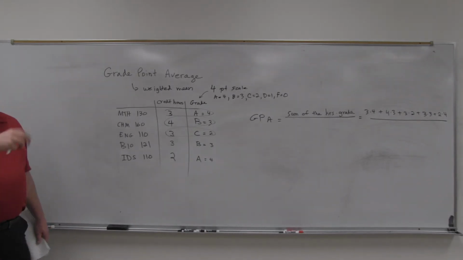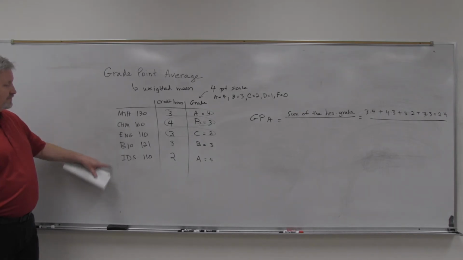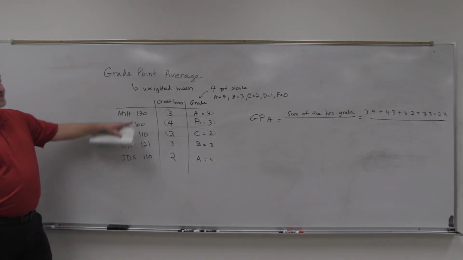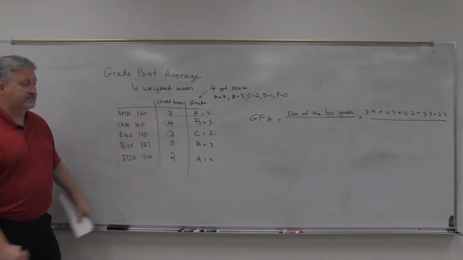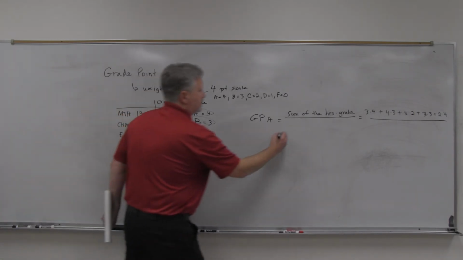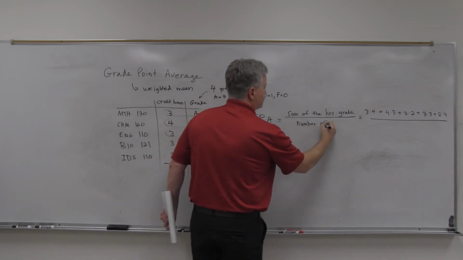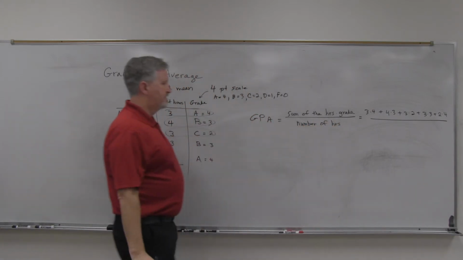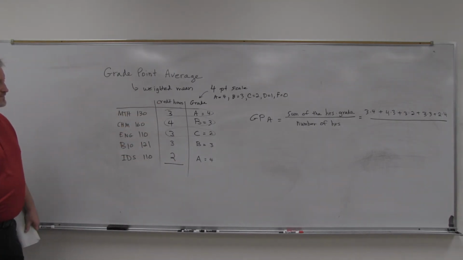Now, we want to divide by the total number of things there are. Well, again, it's not 1, 2, 3, 4, 5. No, actually, the number that we divide by is the sum of the hours. So you divide by the number of credit hours total. And so notice in this case, it's the middle column here.